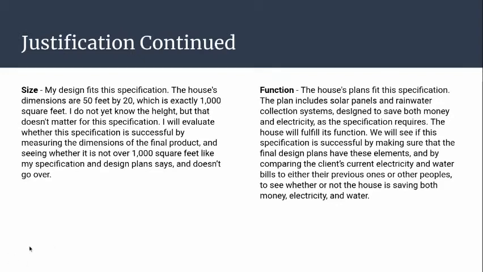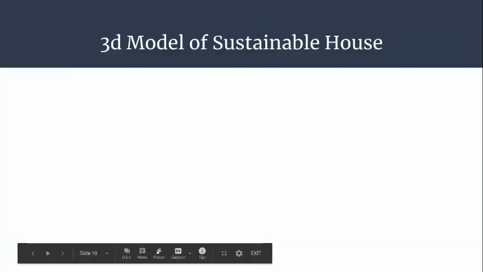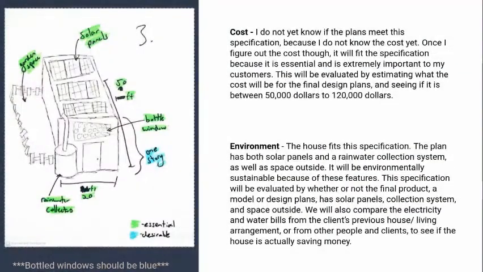In general, though, some of the other specifications that this also happens to fit is the aesthetic one, by making sure that it's one story and that it is painted darker colors like the specification says, as well as making sure that the materials are sustainable.